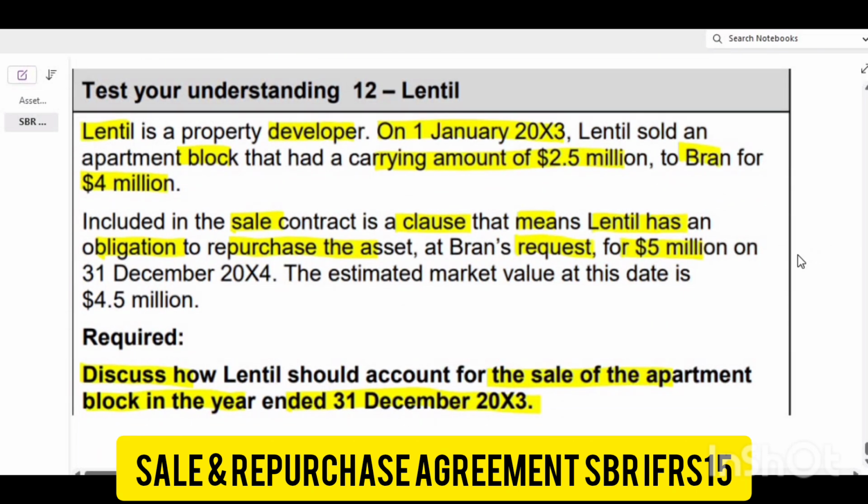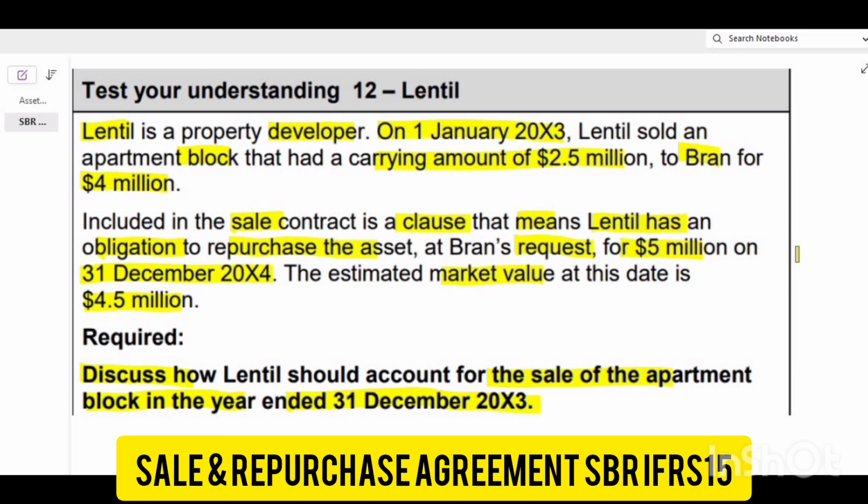Okay, now the request is on 31st December 2004. The estimated market value at this date is 4.5 million. Now you see here, the question is very simple.